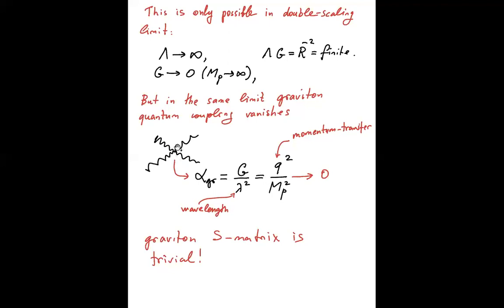So the quantum coupling among gravitons is given by momentum transfer squared divided by Planck squared, or Newton's constant divided by the de Broglie wavelength of momentum transfer in the process. And you can see that in exactly the same limit in which you make de Sitter a rigid vacuum, the graviton S-matrix becomes trivial. So quantum gravity becomes trivial. Okay, so that's the price to pay.